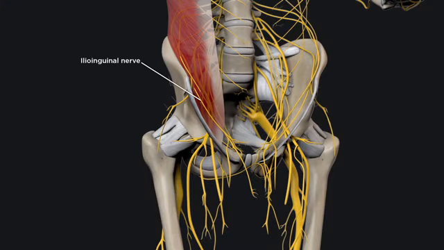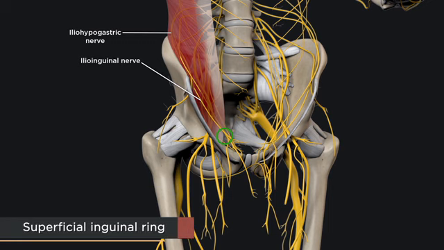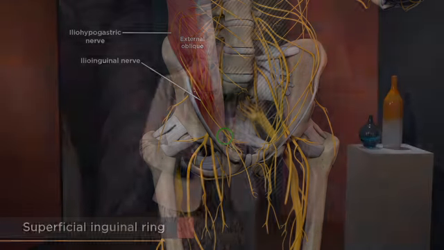Ultimately, the ilioinguinal nerve, but not the iliohypogastric, emerges from the muscle wall through a natural opening known as the superficial inguinal ring. It's in the inferior border of the external oblique. Now, this is the same opening that transmits the spermatic cord in males and the round ligament of the uterus in females.